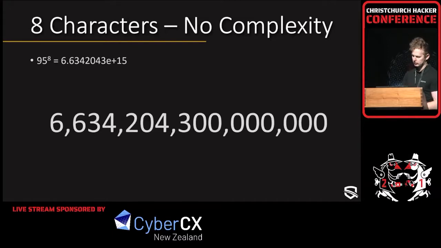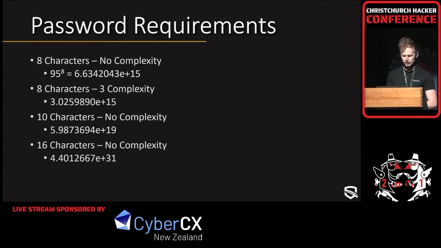That's what it actually looks like in terms of what that number means. So it is still kind of heaps, but it's not heaps, as we'll see later on. This number is 6,634,204,300,000,000. That sounds like a lot to me, but in reality it's kind of not.